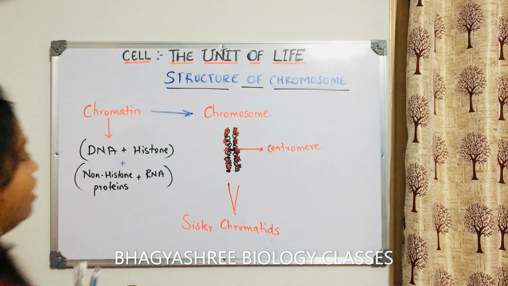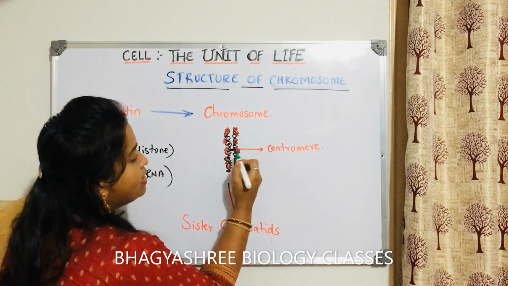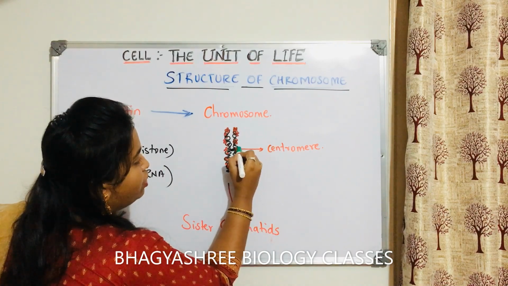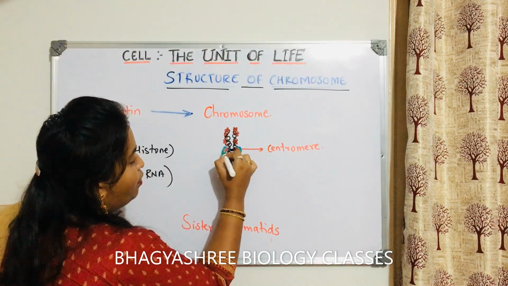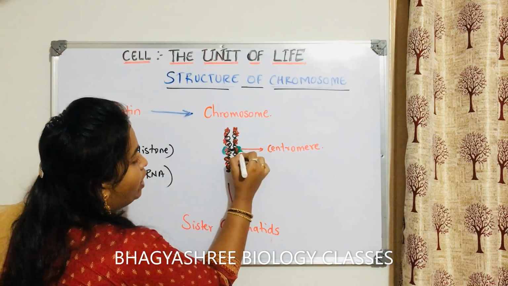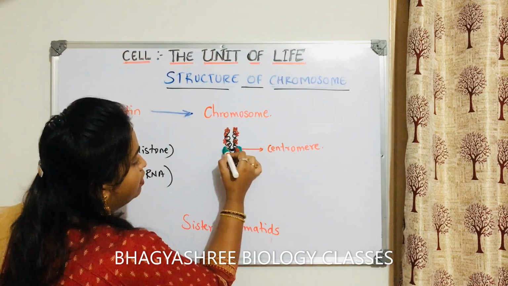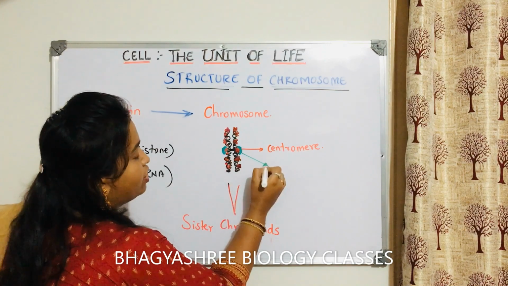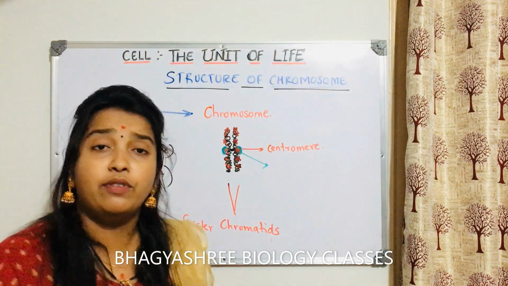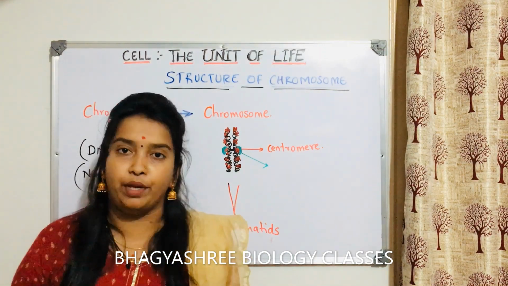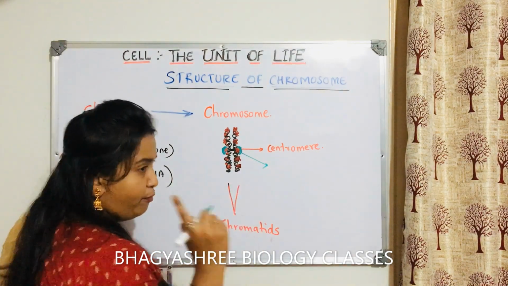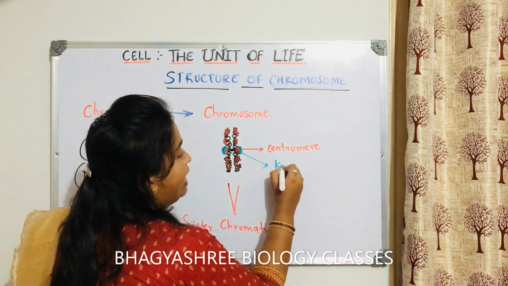Here where there is a centromere, there will be a protein-like structure surrounding it. I hope it is visible to you. It's quite light. Anyways, this green structure is always found attached to the centromere. This proteinaceous material is made up of protein, and we call it kinetochore.